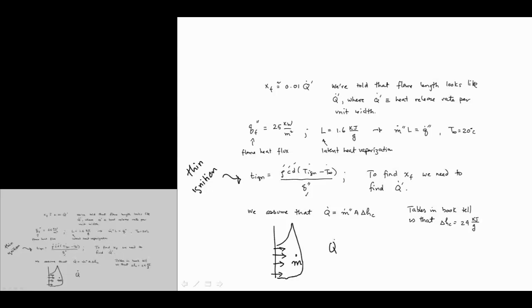So let's write that. Q dot is equal to m dot fuel times delta HC. We've talked about these different things before. Again, this is the mass transfer rate of fuel, mass flow rate of fuel. Let's make it easier on ourselves: fuel mass flow rate. Delta HC, of course, is our heat of combustion on a fuel basis.